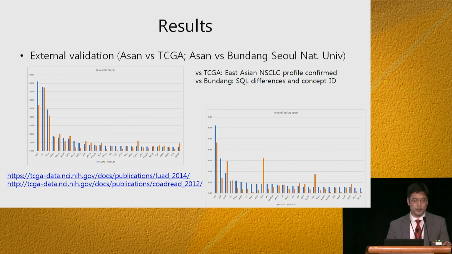Colon cancer, as expected, was quite similar, while lung cancer had an East Asian flavor that differed from TCGA, with a higher incidence of EGFR. Another thing we did was to see how we were doing operationally, and Bundang Seoul National University Hospital really helped us on that part, to see how the data was captured within their sequence and how the tables were quite nicely functional.